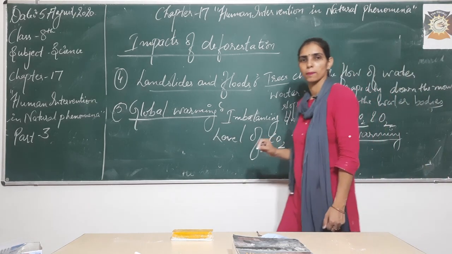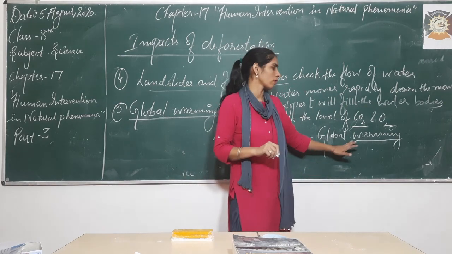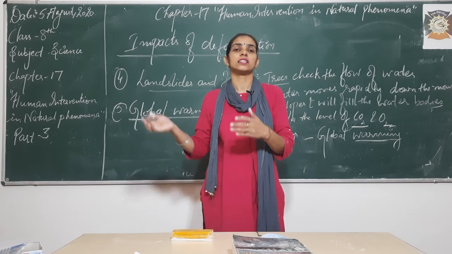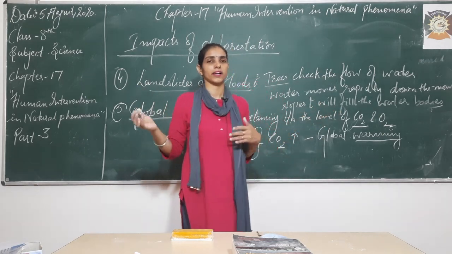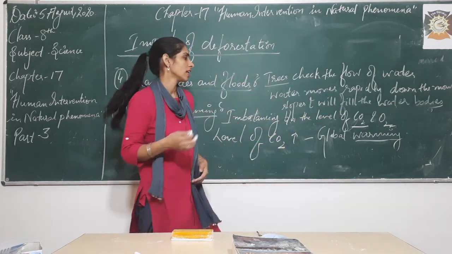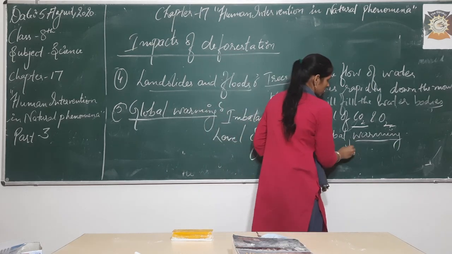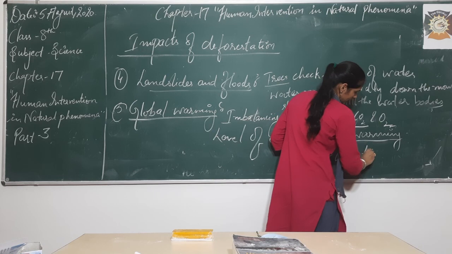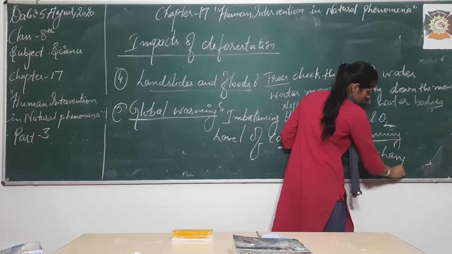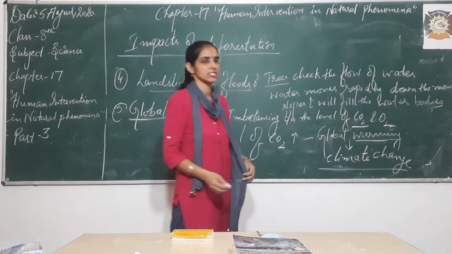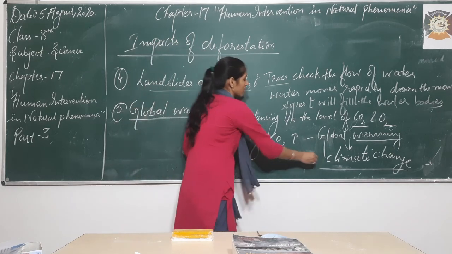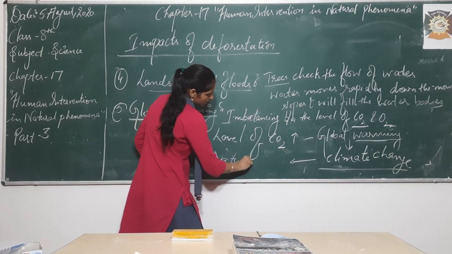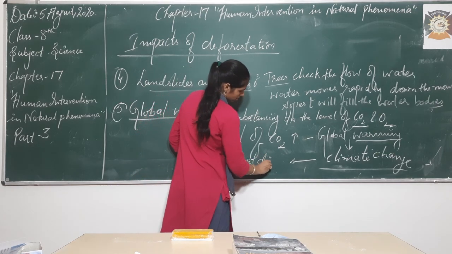Further, what can happen? When global warming is there, that means again the rainfall pattern and all those patterns will be changed. So that means there is a change in climate. So this global warming will lead to climate change. And if the climate change is there, what it can result in? It can result in natural disasters.